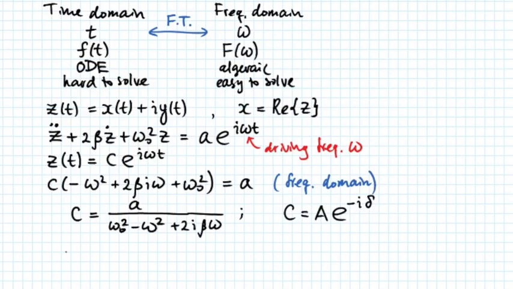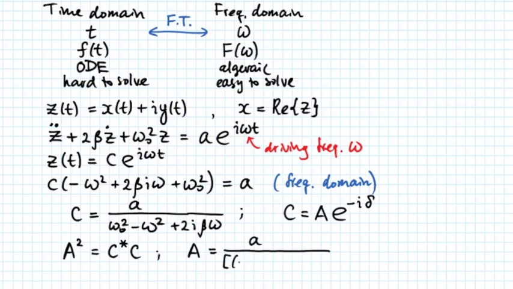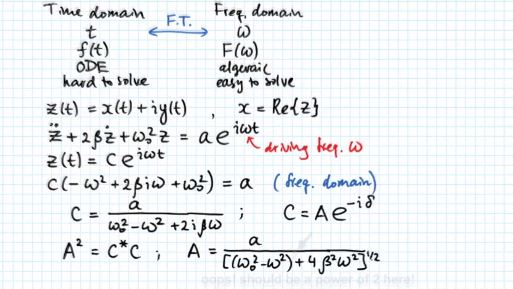We can see right away that A squared is simply going to be given by C complex conjugate times C. So we can write amplitude A in terms of driving force coefficient small a, and then in the denominator we have omega naught squared minus omega squared, squared, plus 4 beta squared omega squared, and we take the square root of all of that.